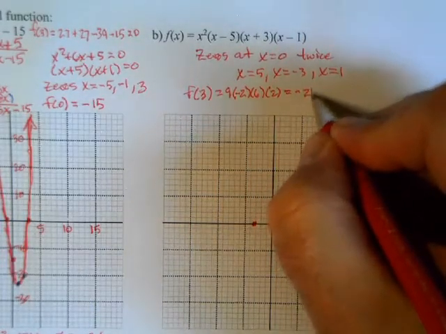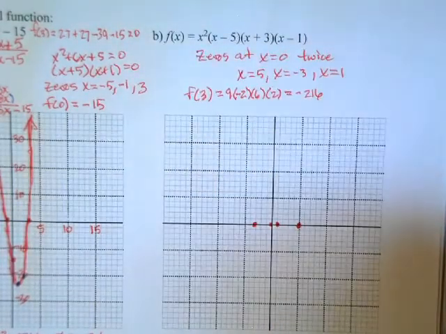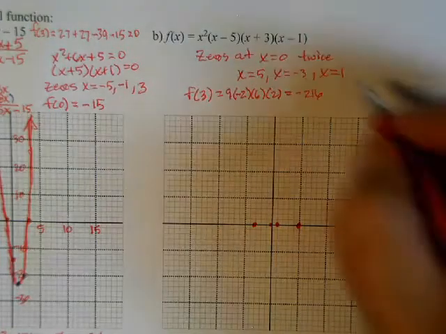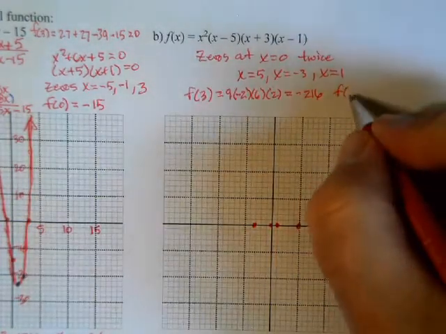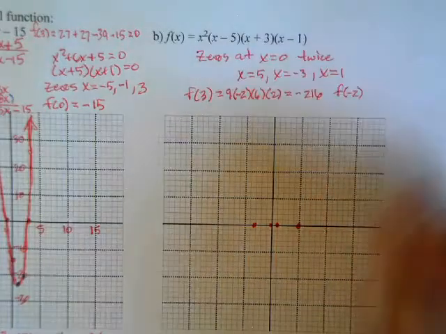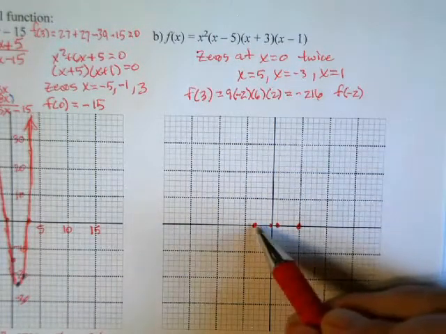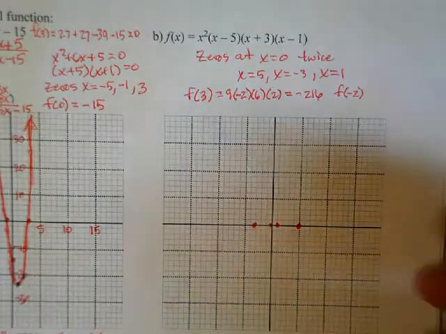If we did f of -2, which is right in this area, that one, it turns out, ends up equaling 84.